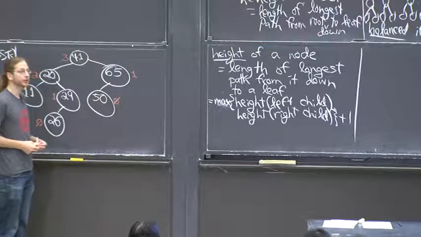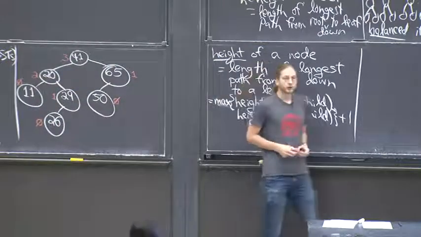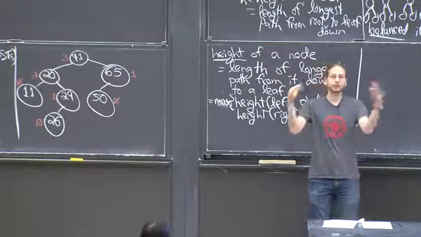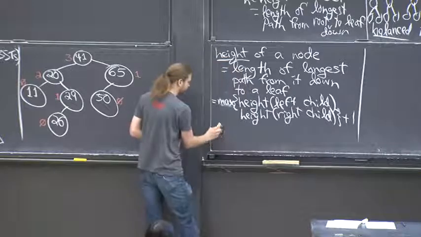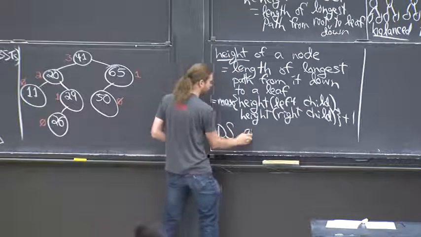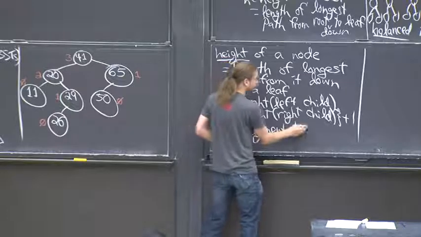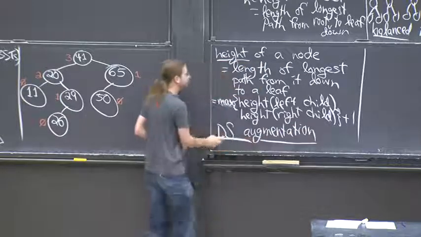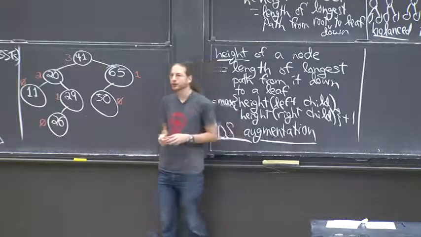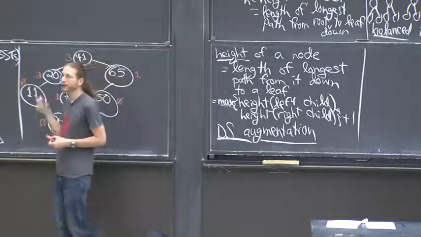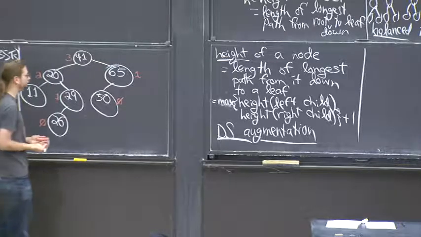This is obviously useful for computing. In particular, in lecture and recitation last time we saw how to maintain the size of every subtree using data structure augmentation. We started with a regular vanilla binary search tree, and every time we did an operation in the tree, we also updated the size of the subtree rooted at that node, the size field.